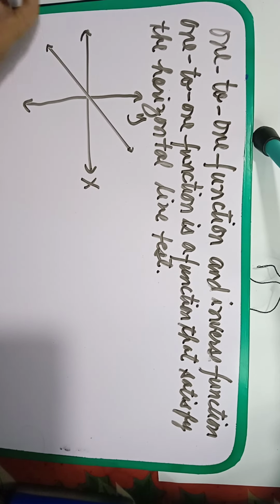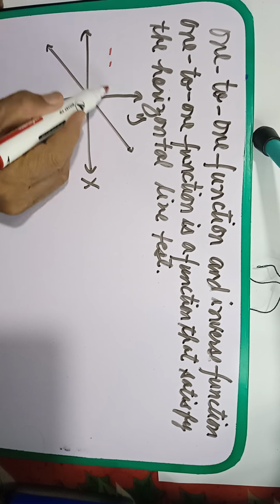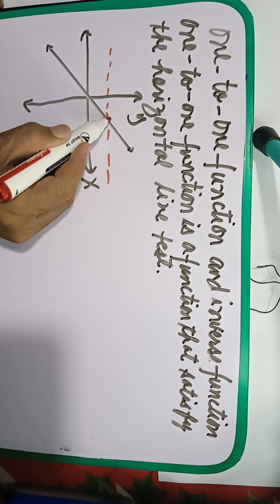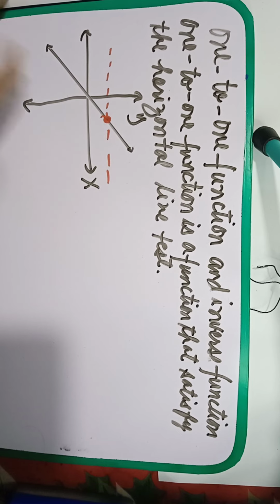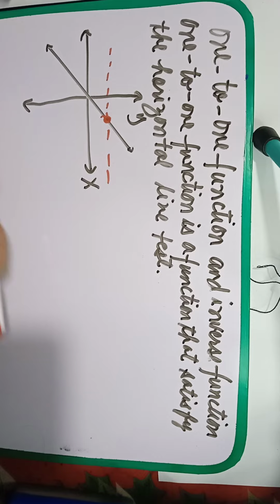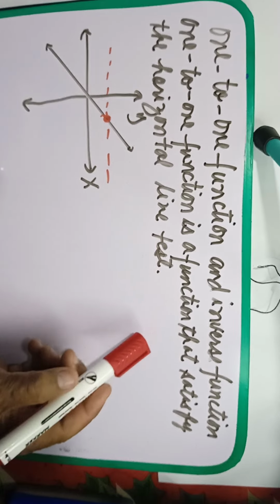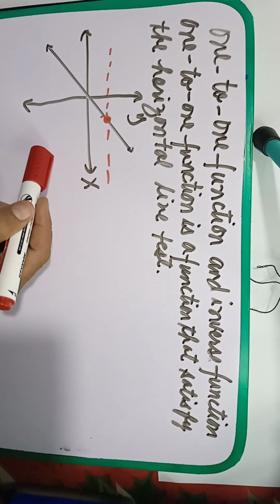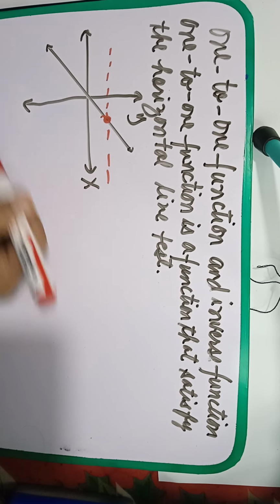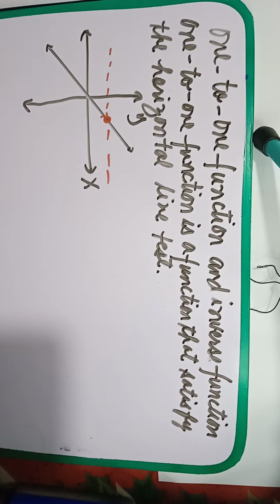And if we're going to draw a horizontal line in this line, it intersects at one point in the graph here. So this is an example of one-to-one function because it satisfies the horizontal line test.